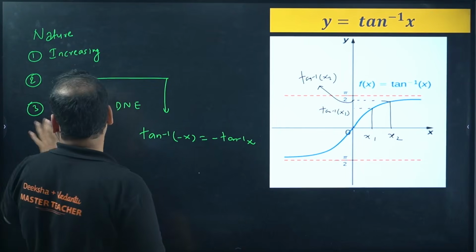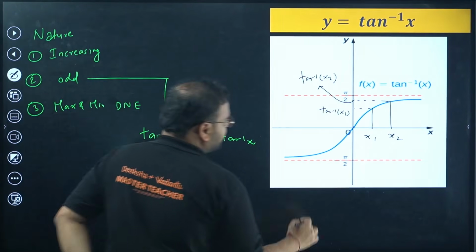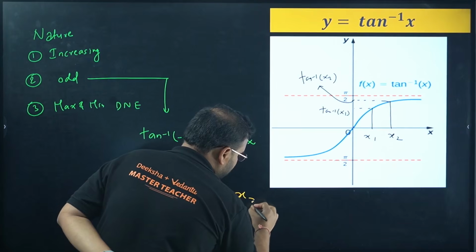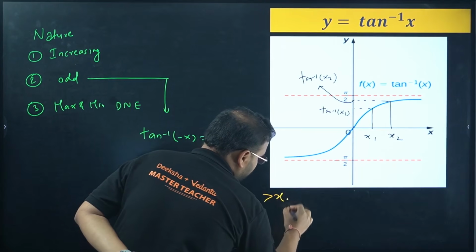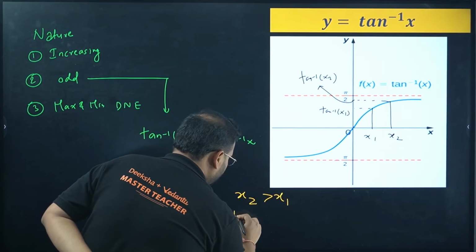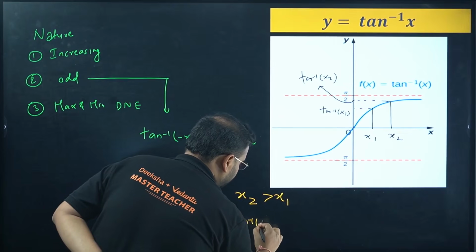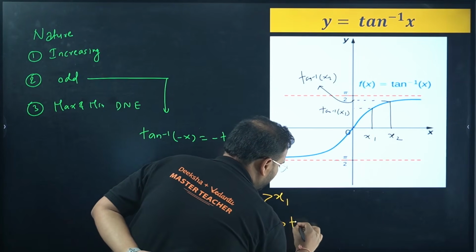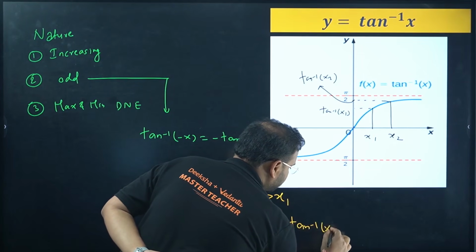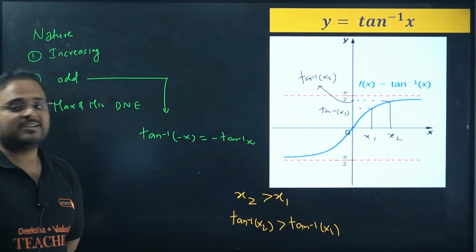Check carefully. For all x2 which is more than x1, tan inverse of x2 will also be more than tan inverse of x1. Is it clear or not?